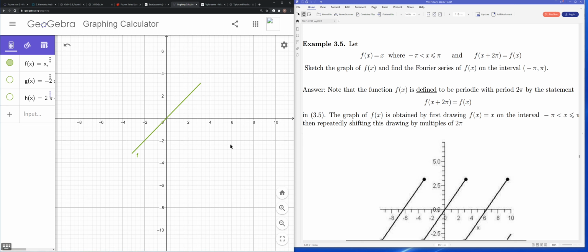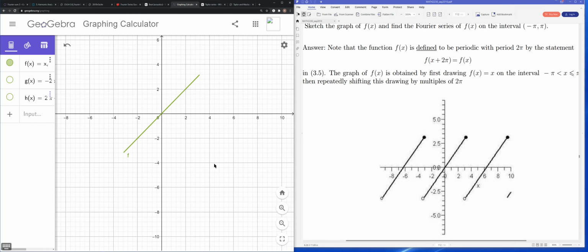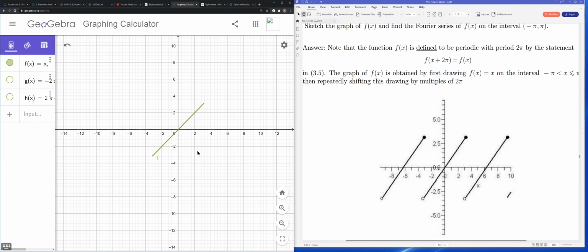Okay, so how are we going to sketch the graph? Well, you start with this definition: f of x is equal to x between minus pi and pi. So between minus pi and pi, you're going to sketch your function first. This illustration is a little better.